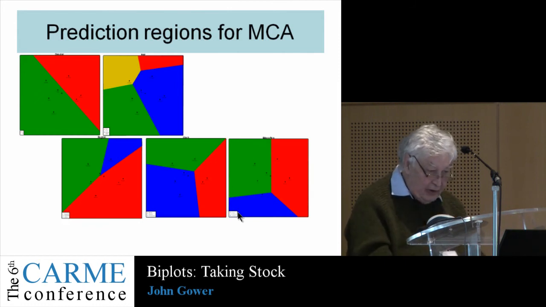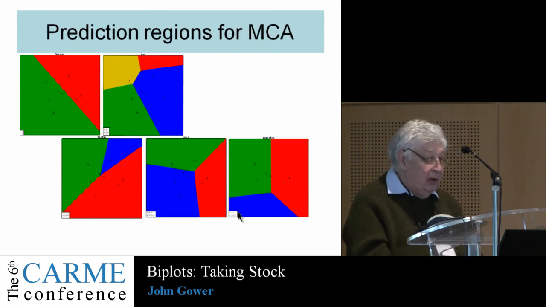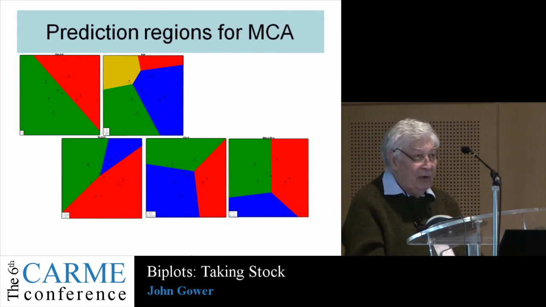Here are some cases. This is for multiple correspondence analysis. Prediction regions, you will see the cases. Each panel, there are 5 of them, represents a different categorical variable. Now, this is the one major difference between categorical variables and continuous variables. Continuous variables, you can put them all on one biplot.